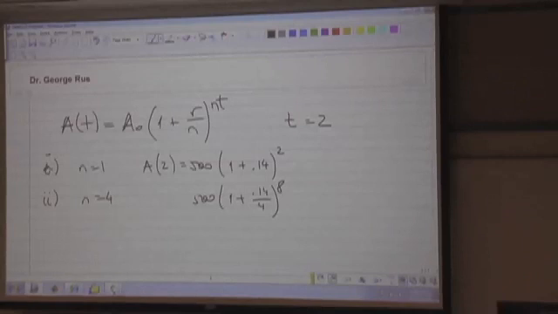I was surprised that the difference between monthly and daily was only $1. Yeah? It can be like a lot more. I think because at that point n is relatively large, since you're talking about, well, I guess between 12 and 365.